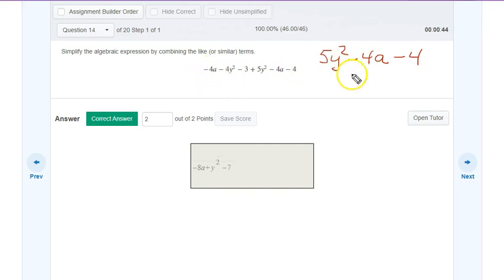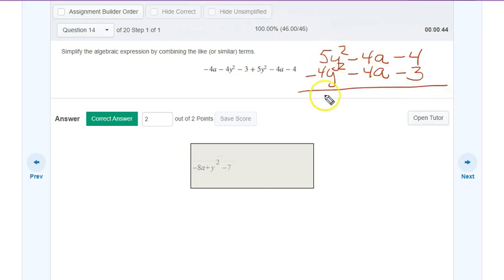So negative 4a would go in this column also. This negative 3 goes in this column, and this negative 4y squared goes in this column.